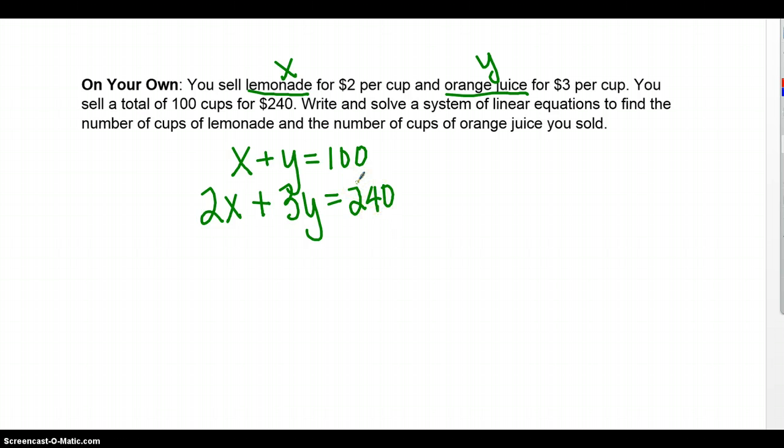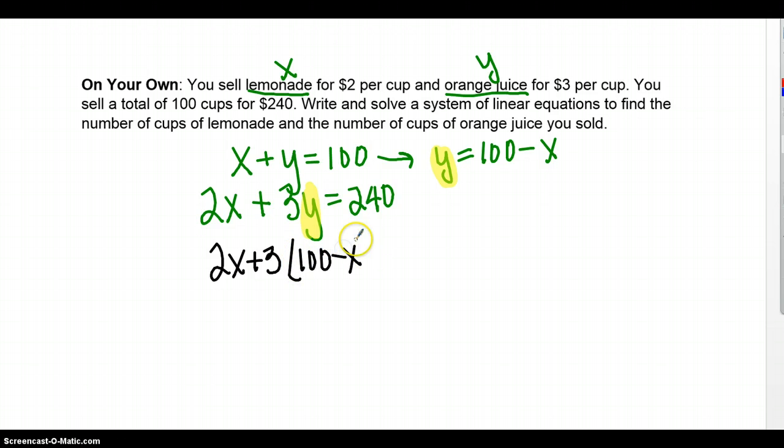Once again, there is not an x or y already equal to something, so you have to change that. If I were to subtract x from both sides, I would just have y equals 100 minus x. And now I am ready to plug in for y. Okay? So if I write this equation, I have 2x plus 3 in parentheses 100 minus x equals 240.